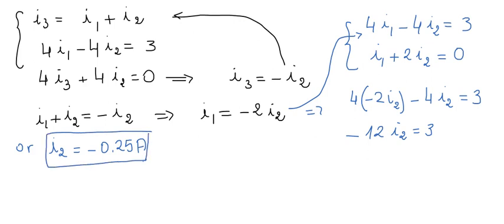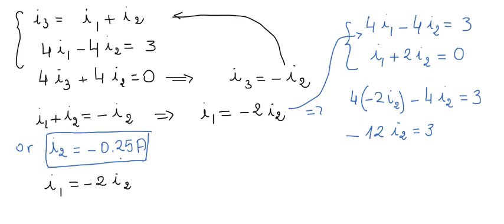So look here, we have a negative current, but don't panic and don't change this value, keep it minus. You change the values to positive current only when you finish calculating all the currents. So we will use this negative value and calculate I1 and I3. From here, I1 is equal to minus 2I2.